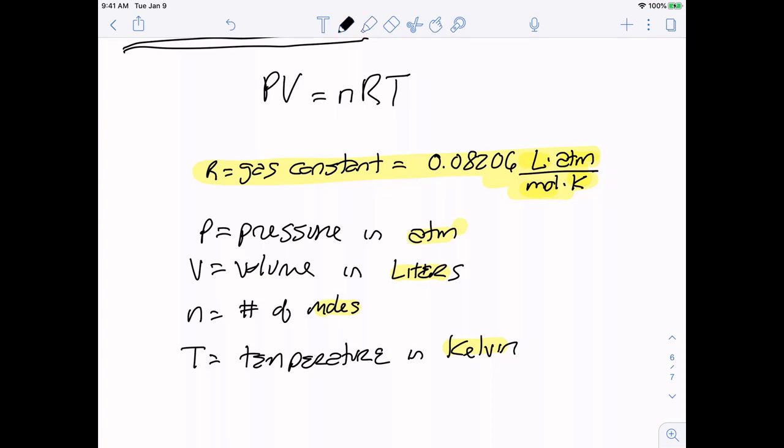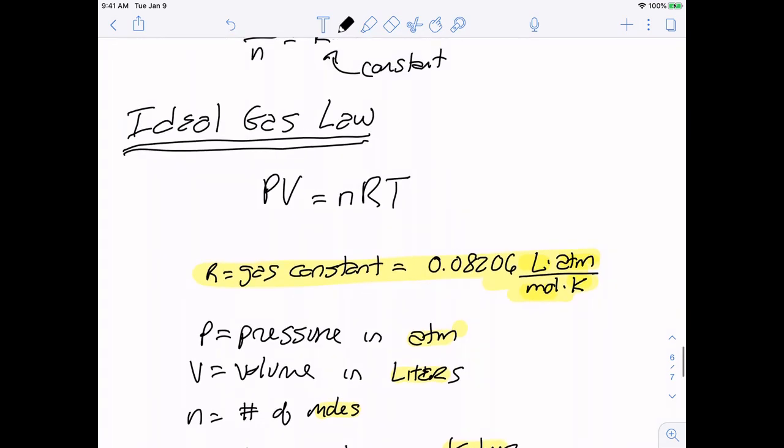And then the other thing that I use the ideal gas law for is to help me remember my other gas laws. So if I write off to the side here, just so it's all in one spot, remember Boyle's law. That was the relationship between pressure and volume. And we said it was inverse. If one went up, the other went down. So if I look at this equation, these two are on the same side.